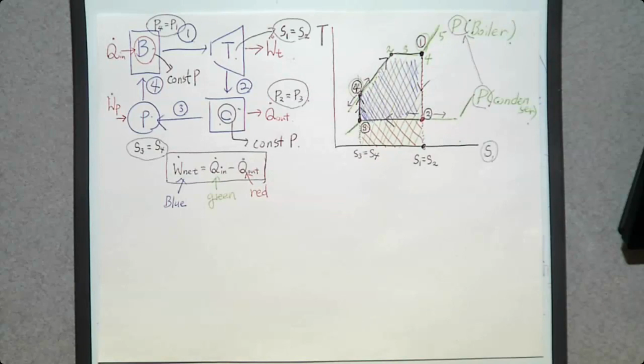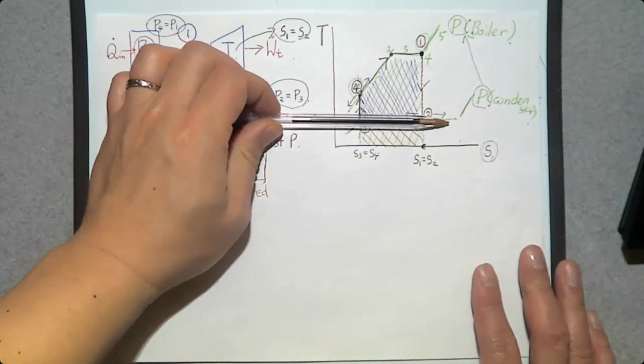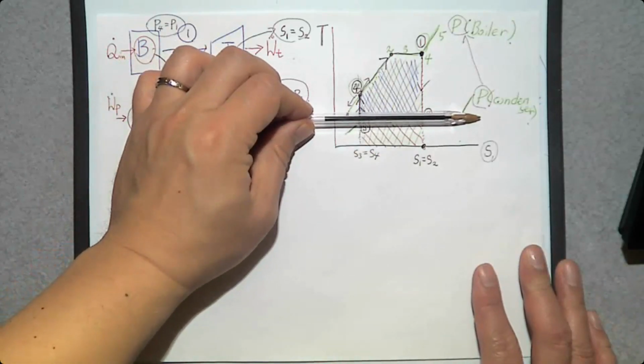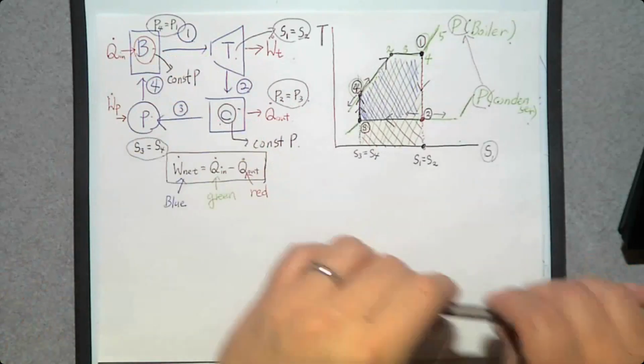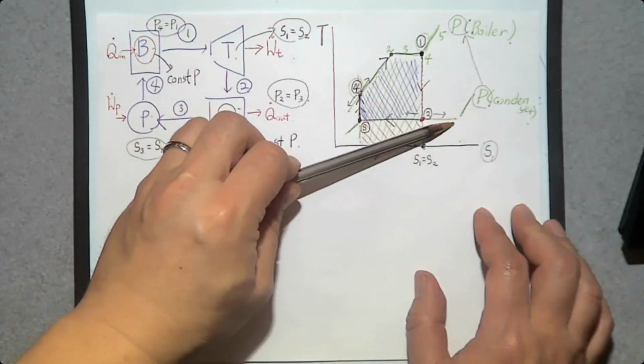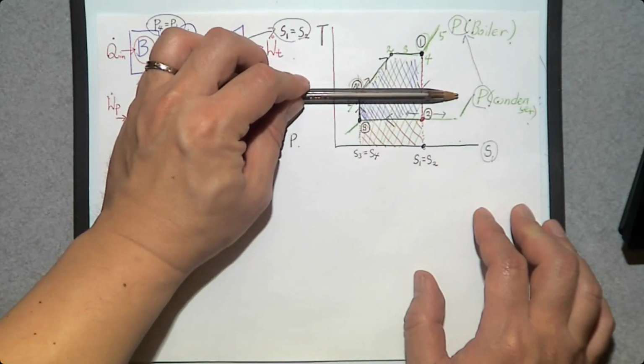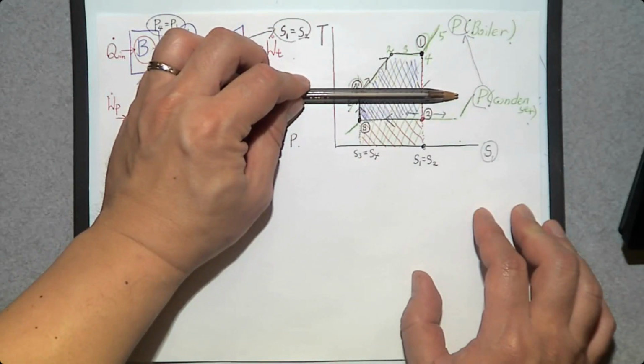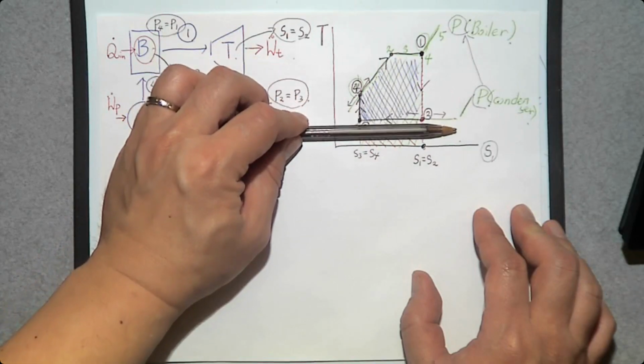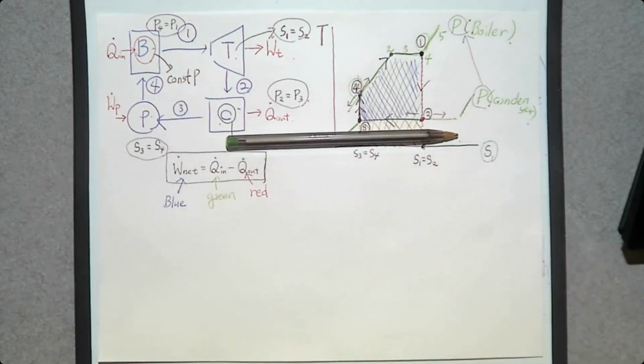I'm going to look at this condenser pressure. What happens if we increase the condenser pressure? This green line is the condenser pressure. If you increase it, it moves upward. Does it increase the enclosed area? No. So we want to decrease it. If you decrease the pressure in the condenser, you can increase the enclosed area.